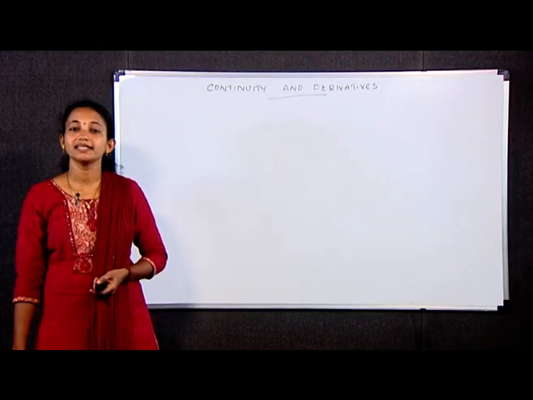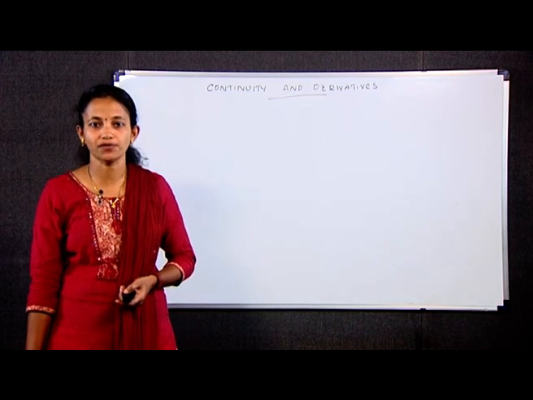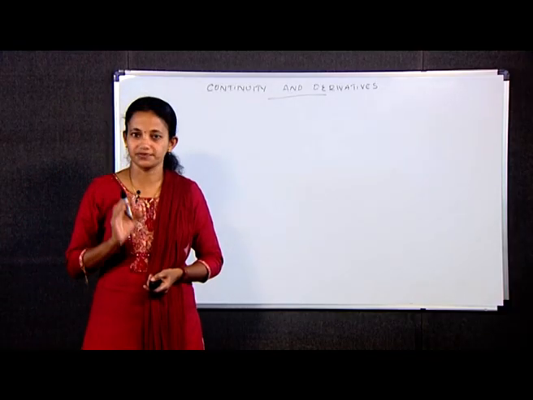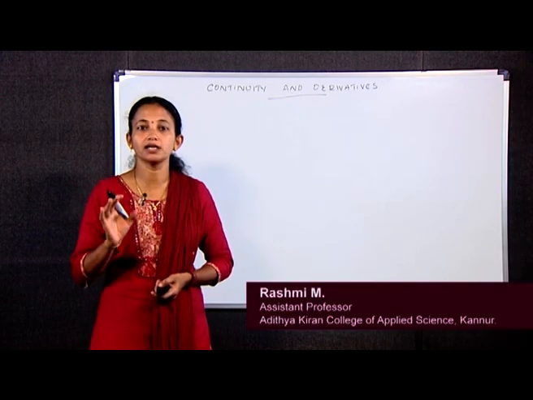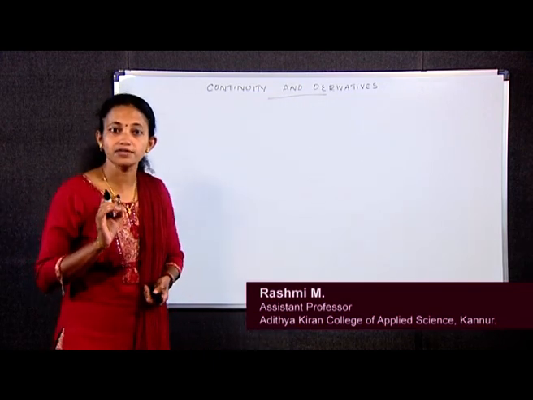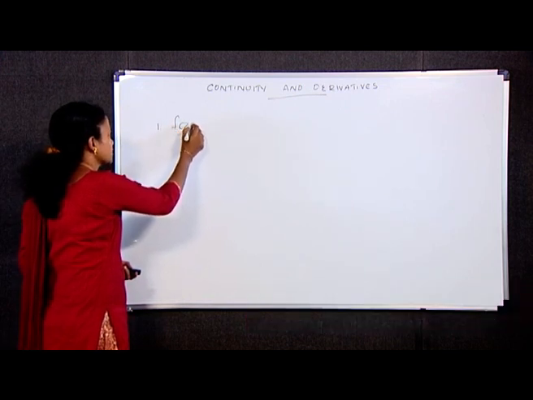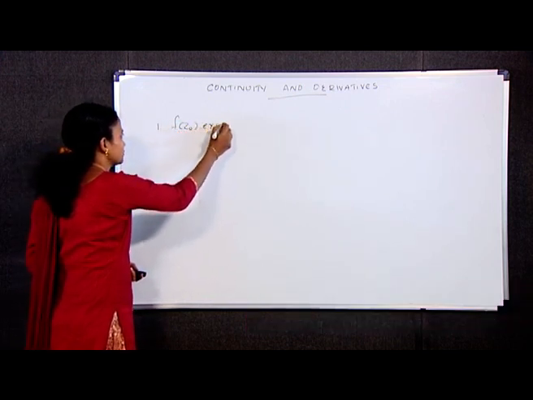Hi friends, in this session we consider continuity and differentiation of functions of complex variable. First we have continuity. Definition: a function f(z) is said to be continuous at a point z equal to z0 if, first, f(z0) exists.